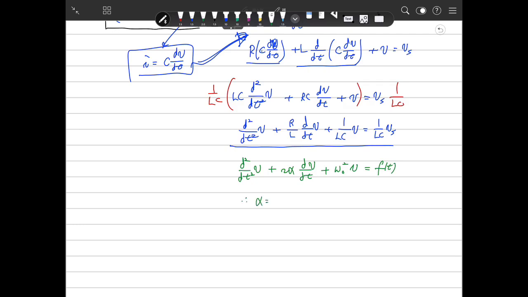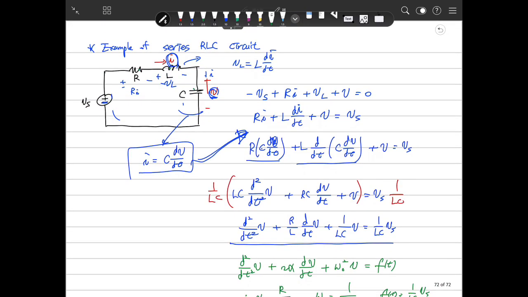So alpha will be R over 2L, and omega 0 will be 1 over root LC, and f(t) will be 1 over LC Vs. This is a general form of the second order differential equation here. So as you see, it's not difficult, it's very simple. If you know KCL and KVL, it's very simple.